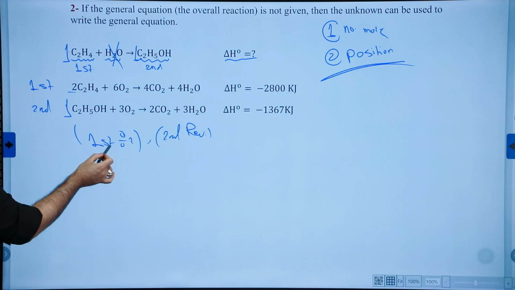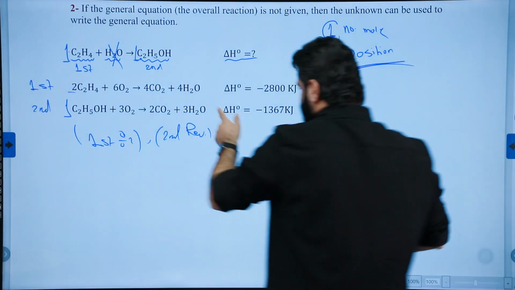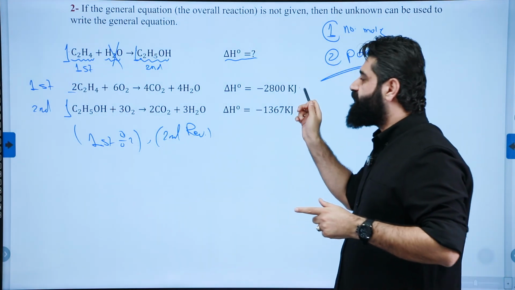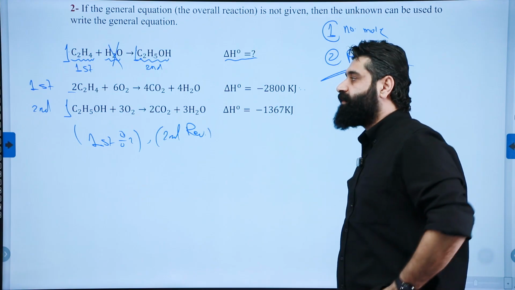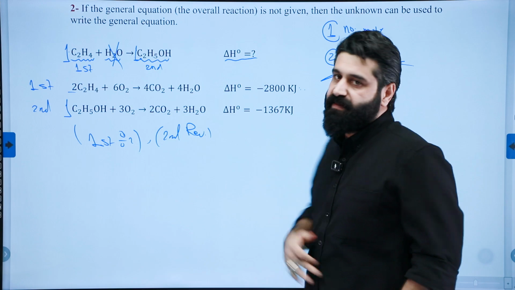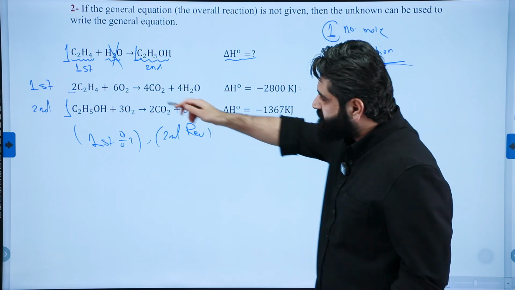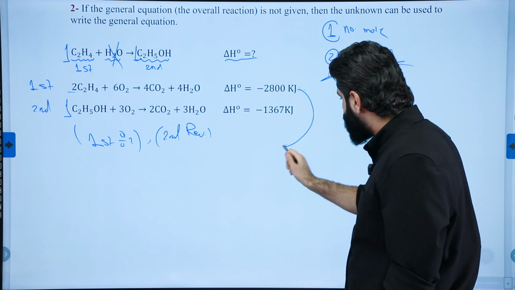Look, the first reaction must be divided by 2. If I divide a reaction by 2, the value of delta H must be divided by 2 also. If a reaction is multiplied, delta H must be multiplied by the same factor. So now, since the first reaction is divided by 2, delta H must be divided by 2 also.